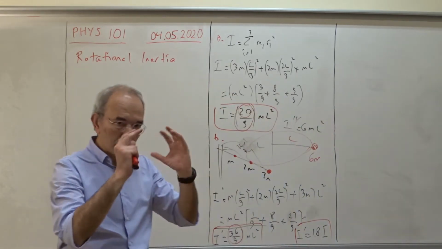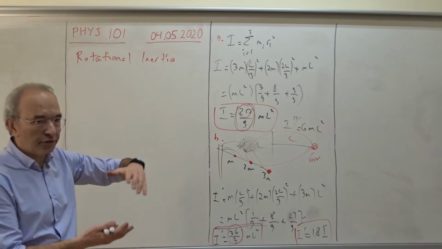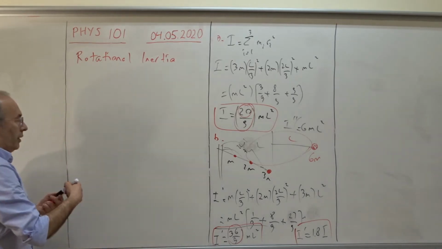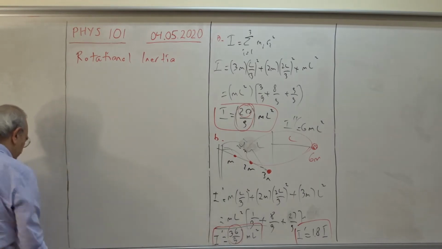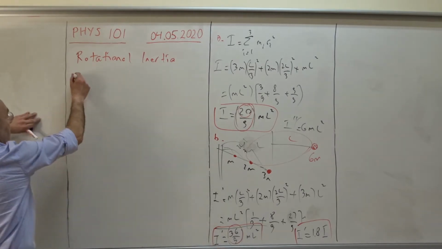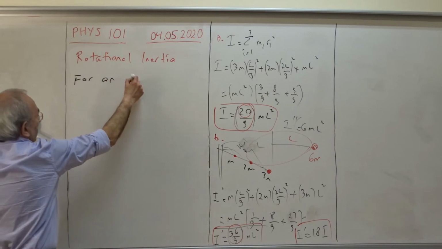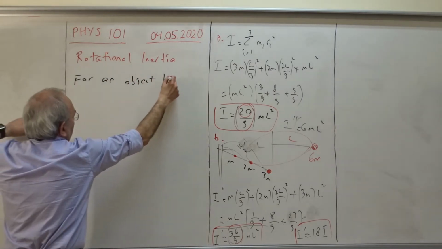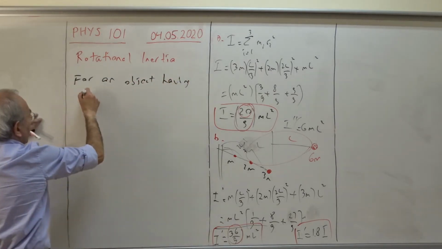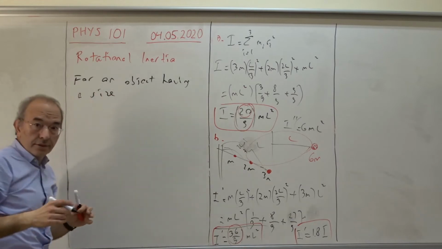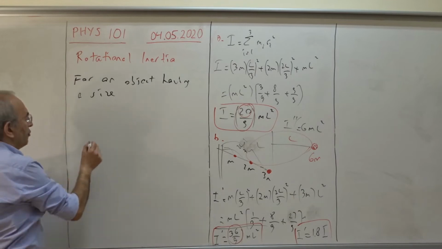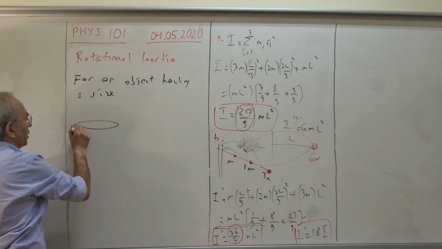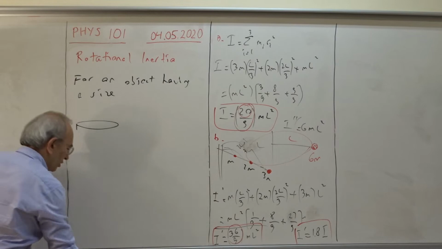Or it can be a solid disk, a kind of cylinder. For an object having a size, which means it's not a point particle, such as this ring, let me do the ring first.